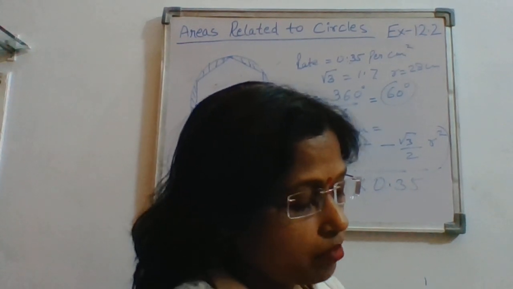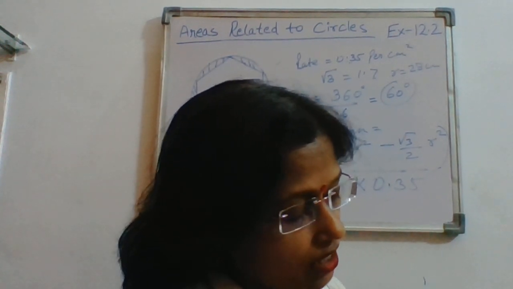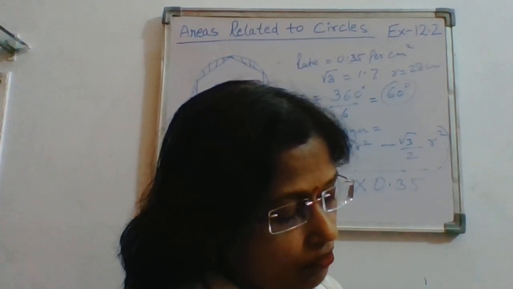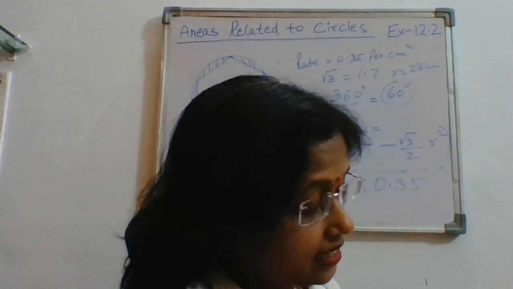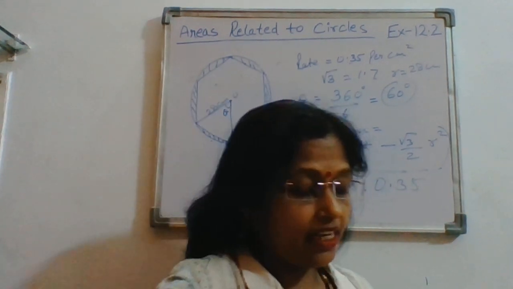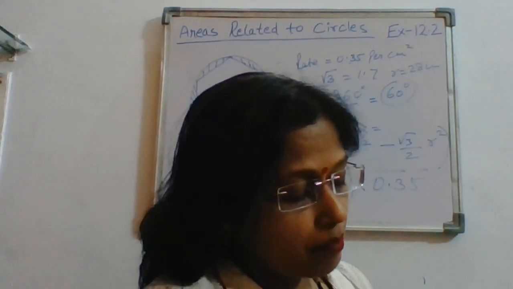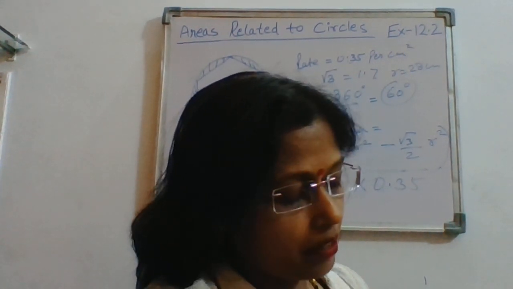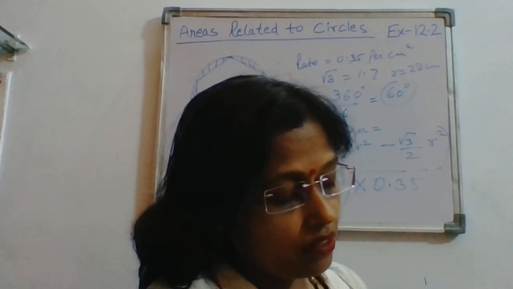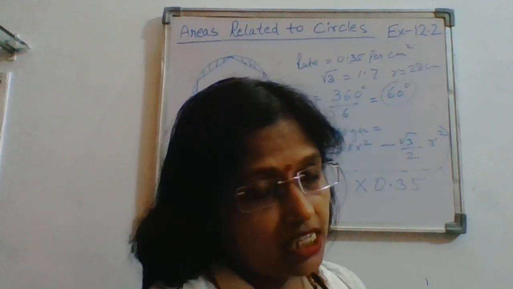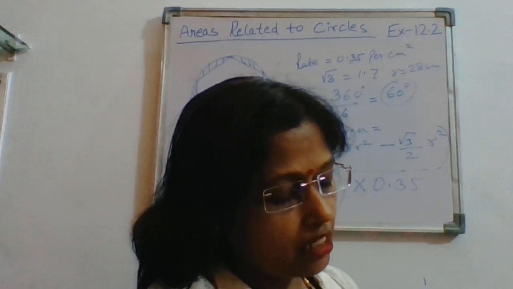And question number 14, pick the correct answer in the following. Area of the sector of angle P in degrees of a circle with radius R is. See, they are asking area of the sector. First part, it is 2 pi r, so it will not be pi r square, but we have P upon 180. So we always have theta upon 360 into pi r square. So this also will be eliminated.